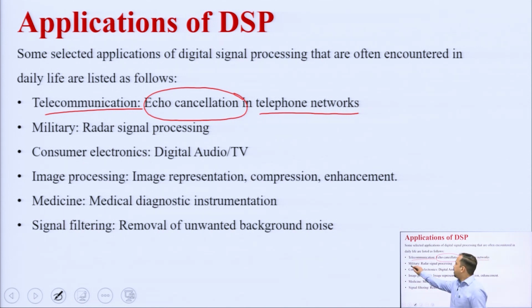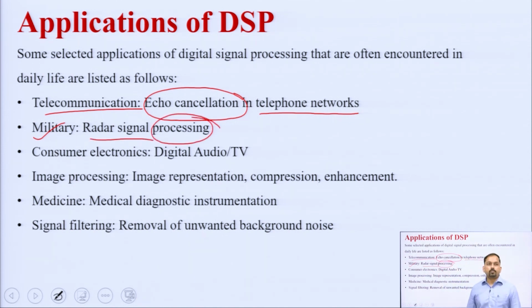Next is the military applications. In the military applications we have radar signal processing. We are already aware that radar is a very important device used in the military, and processing is performed on the radar signals. In consumer electronics we have digital audio and televisions. In television also, processing is applied on the digital signals, which is digital signal processing.